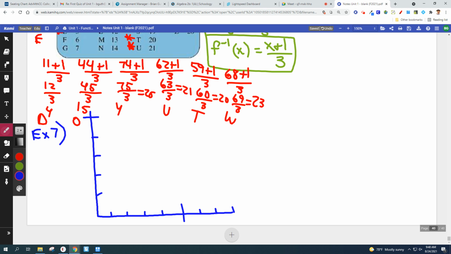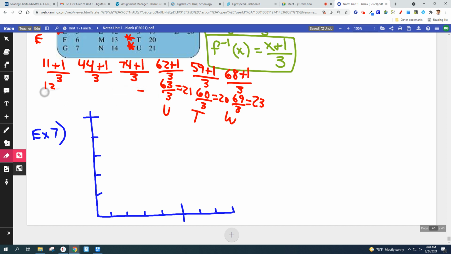All right, so I'm just going to graph some points here. Let me erase some of this. We've got a point right here. We can label that as (0, 5).